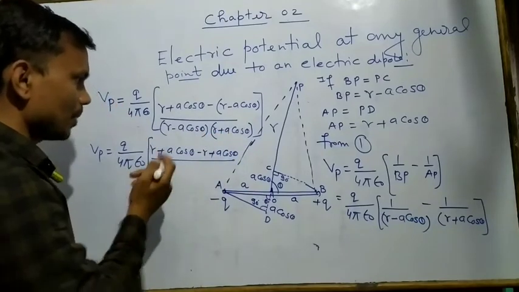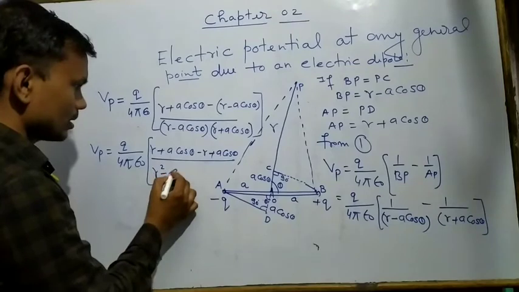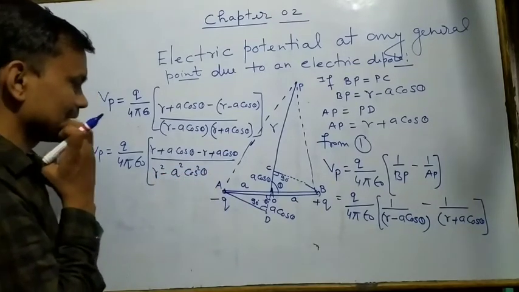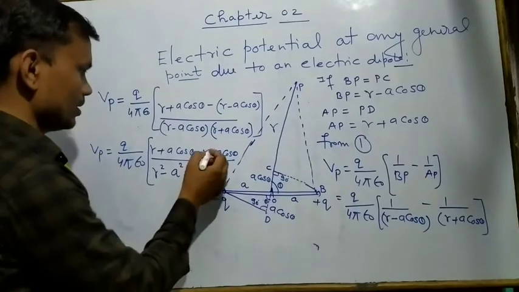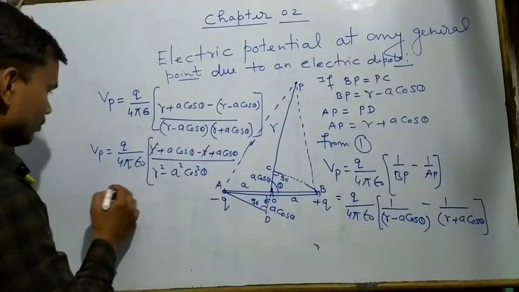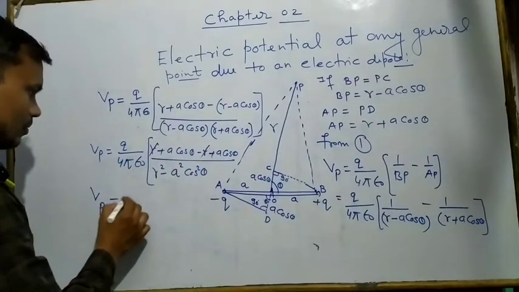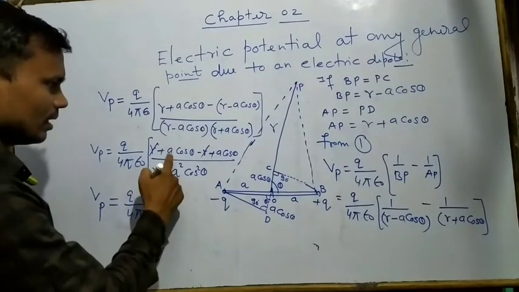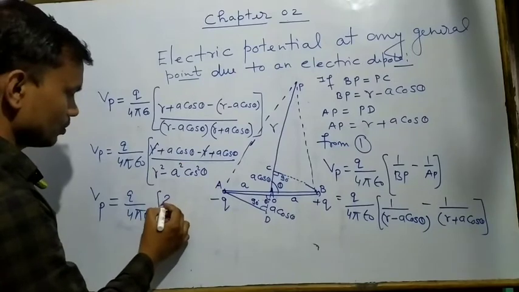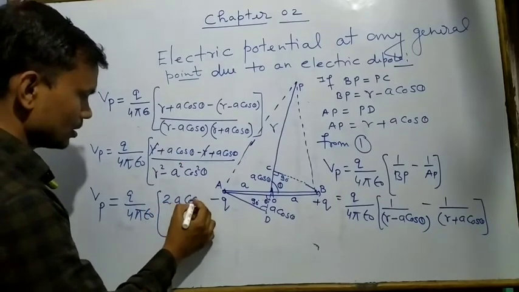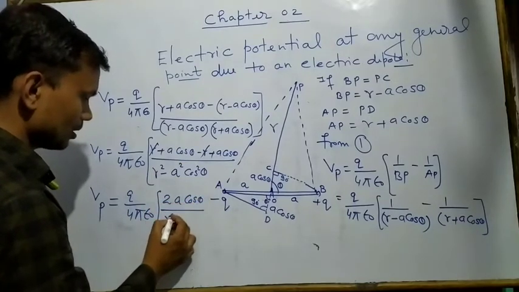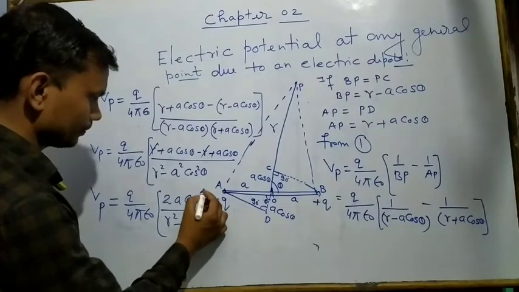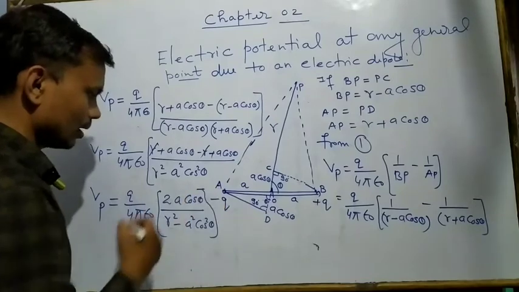So R square minus A square cos square theta. Here the R terms cancel out. So VP is equal to Q upon 4 pi epsilon naught, and then 2A cos theta upon R square minus A square cos square theta.